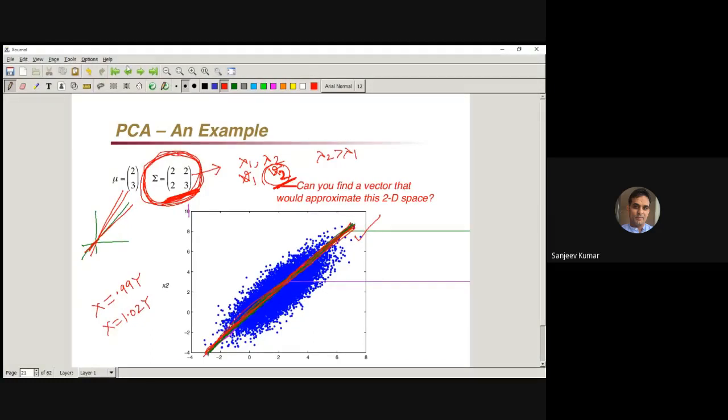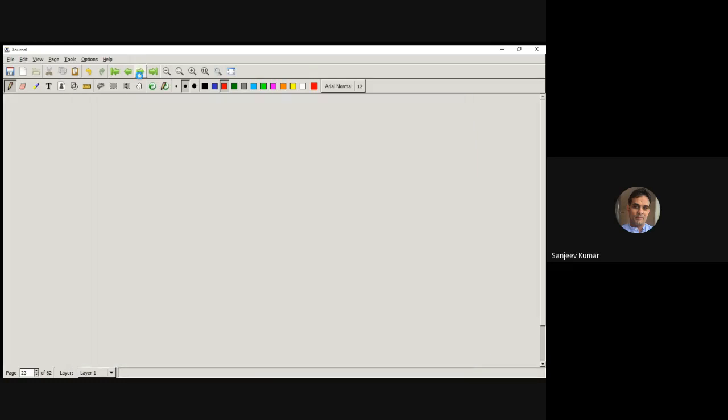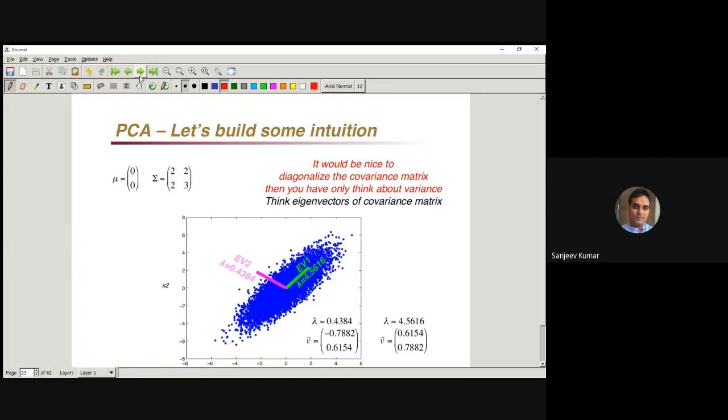So, for example, here this is the direction. If you calculate the eigenvalues of this matrix, it comes out to be lambda equals 0.4384 and lambda equals 4.5616. Which one is bigger? Certainly 4.5616 is bigger.